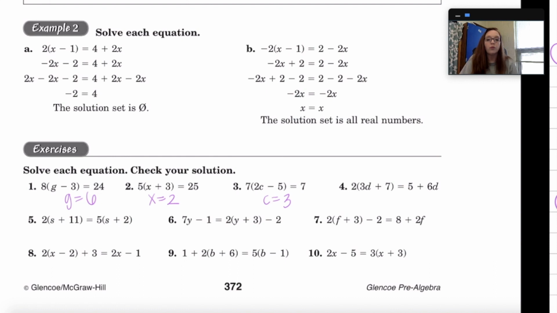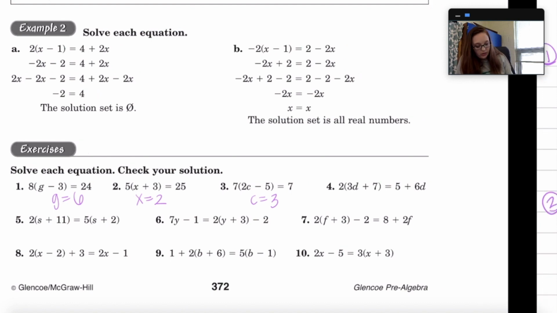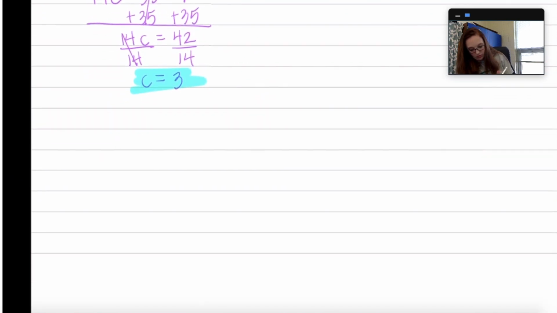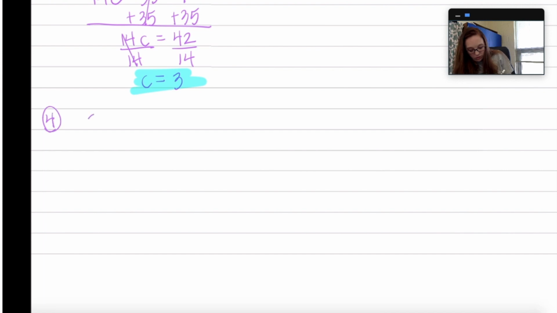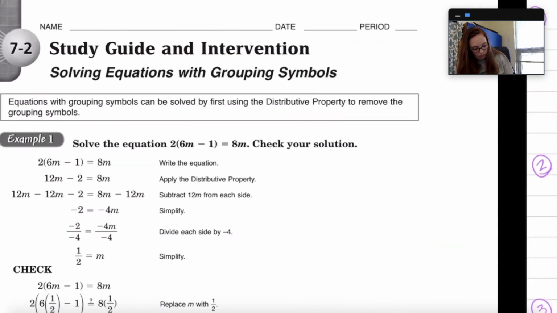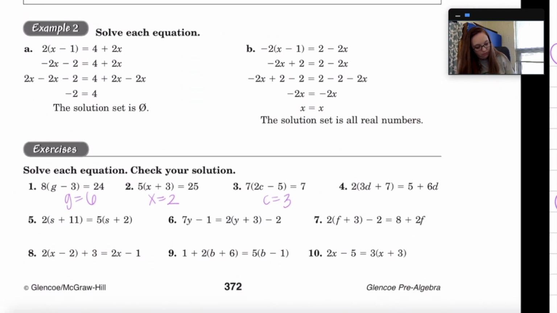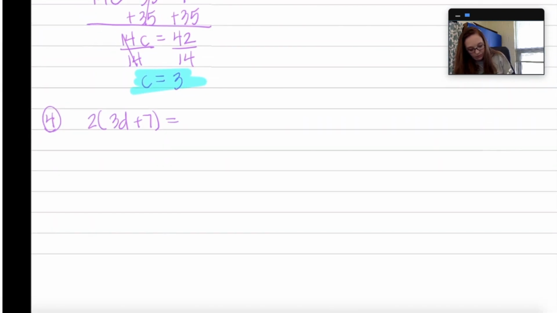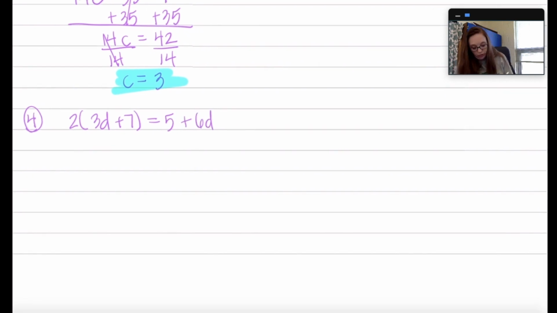Okay, and then we'll do number 4. I might have to flip back and forth to make sure I write this one down correctly. 2 times the sum of 3D and 7 equals 5 plus 6D. Okay, so we're going to distribute that 2 first. 2 times 3D is 6D. 2 times 7 is 14.